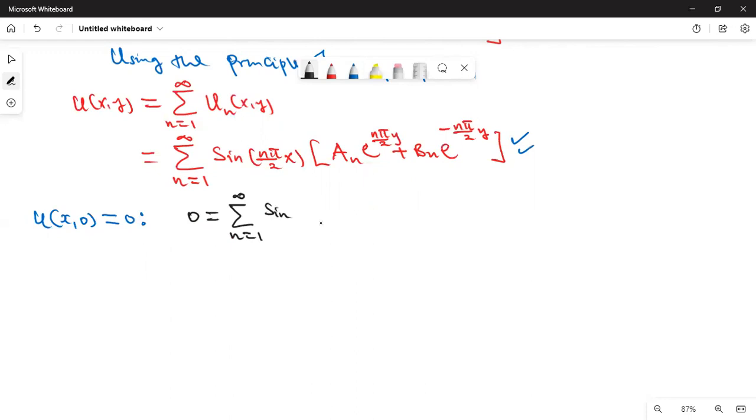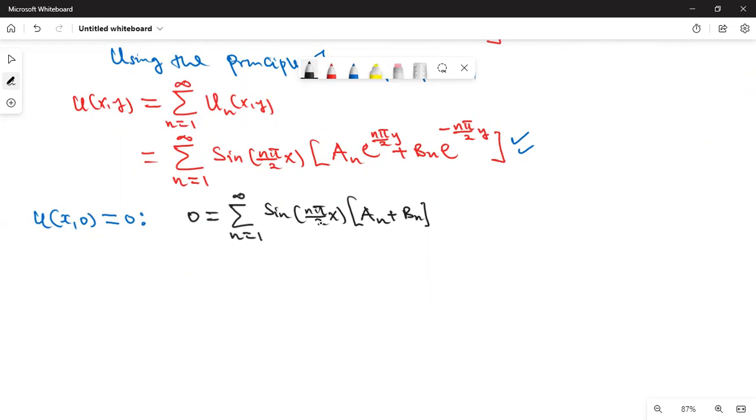sine n pi over 2 x. You see, when you put y equals 0, we are going to get exponential 0, which is 1. So here we'll only have a n plus b n. Those are constants. This is a half-range Fourier sine series of 0, where the Fourier coefficient is a n plus b n.